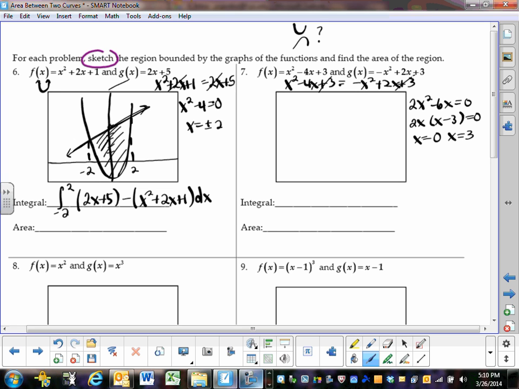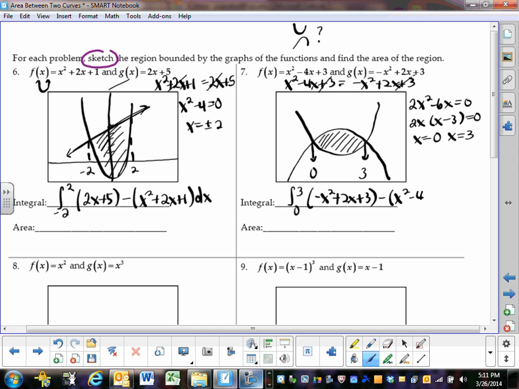I do not care exactly what they look like. I have an upside down parabola and a right side up parabola. They intersect at 0 and 3. So my integral from 0 to 3 is the upside down parabola on top minus the right side up parabola on bottom, dx.